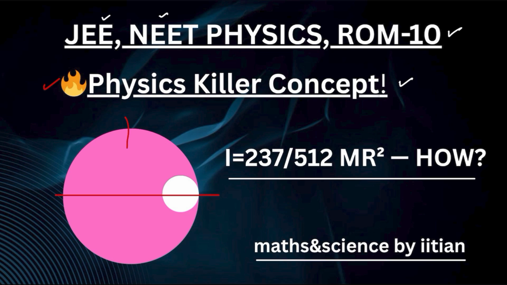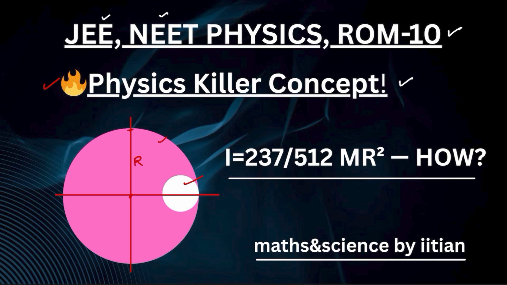Now, let us say the original body is of this color, and the white portion is removed, cut from this original body. The original body has a radius of r. The cut body has a radius of r by 4.